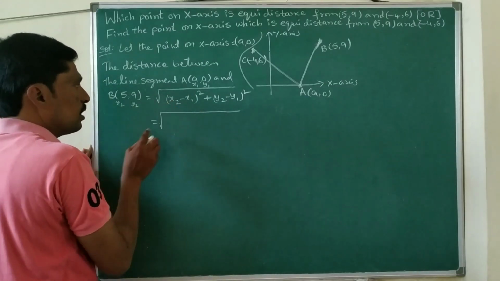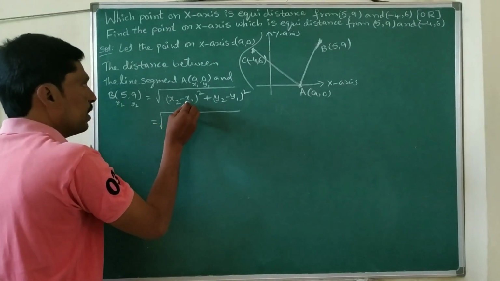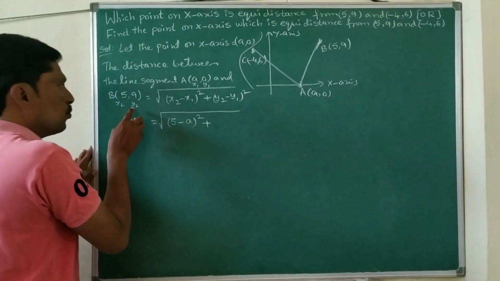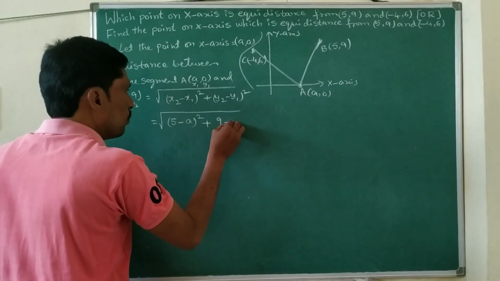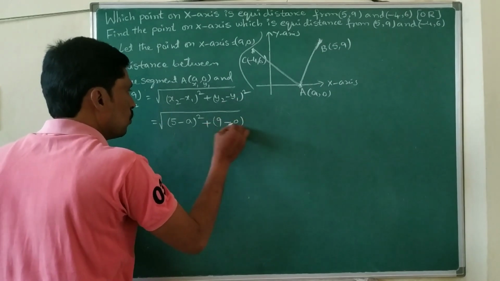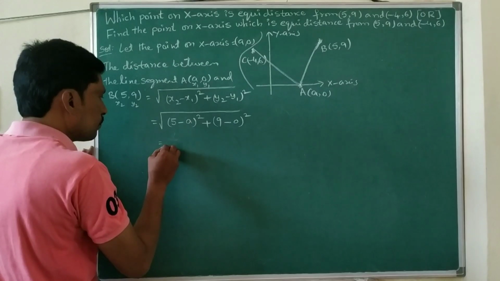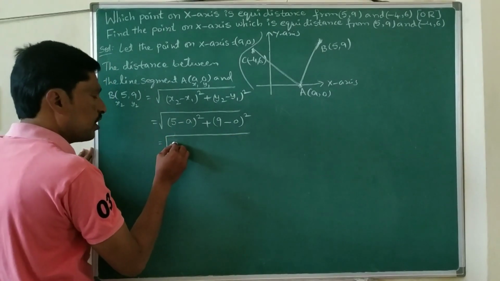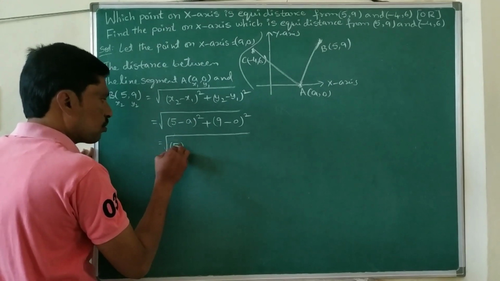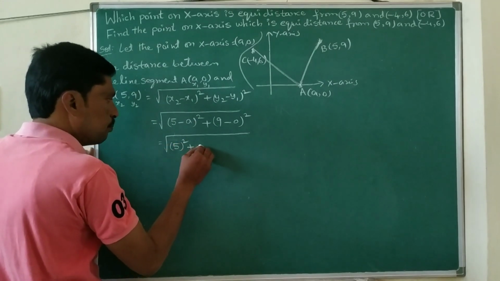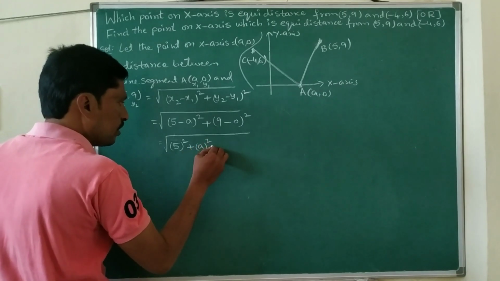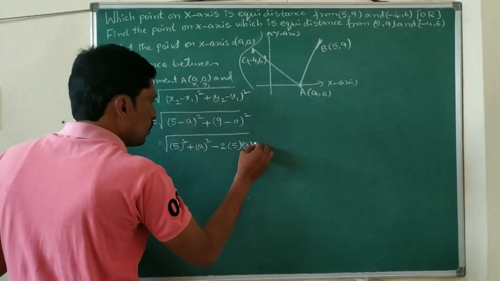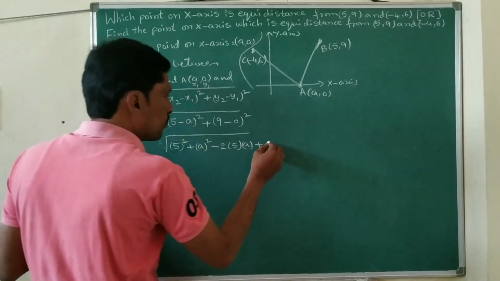Now substitute: under root (5 minus a) whole square plus (9 minus 0) whole square. It is of the form (a minus b) whole square: 5 square, plus a square, minus 2 times 5 times a, plus 9 square.